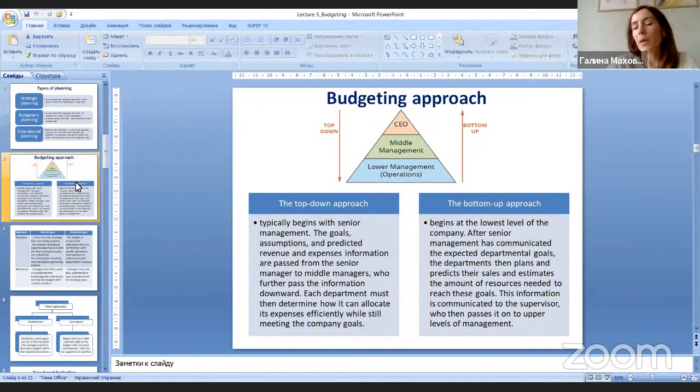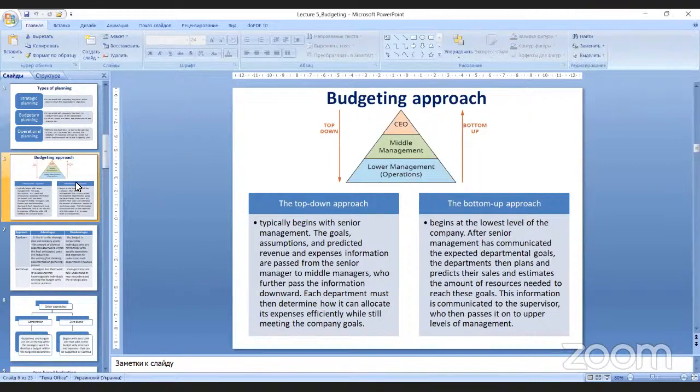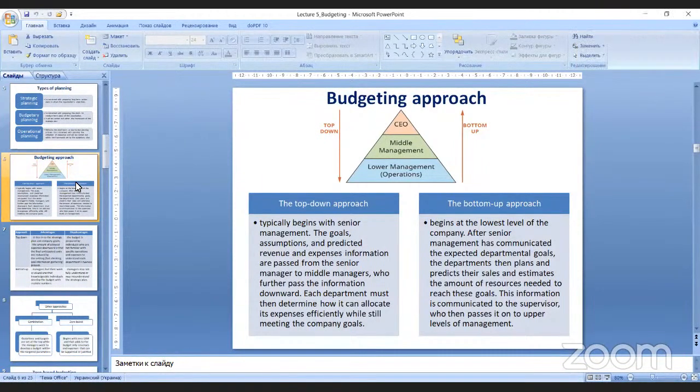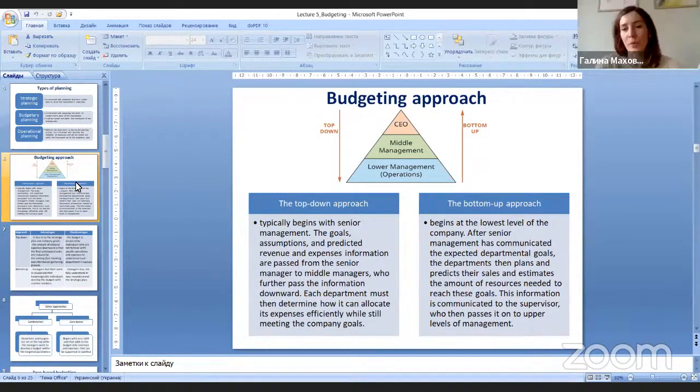To create a budget, we can use 2 main approaches: the top-down approach and the bottom-up approach. You can see it on the slide. The main difference between these approaches is the direction used for preparing the budget. So the top-down approach is based on the idea that the budgeting process starts from the CEO of the company, from senior management.